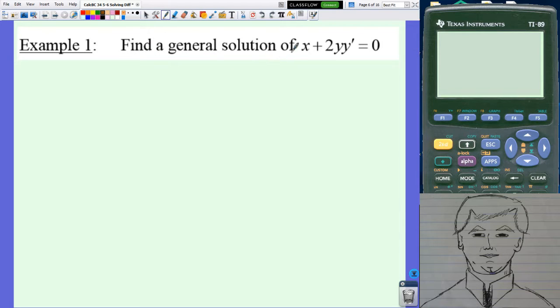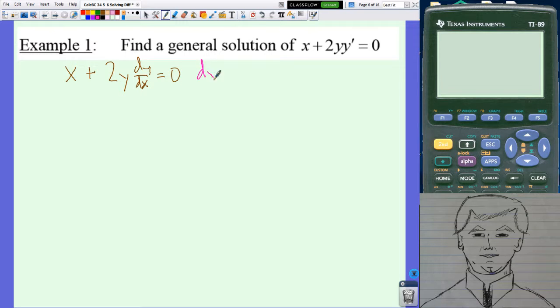Find a general solution of (x + 2y) times y prime equals 0. My first step is to put this as dy's and dx's. So (x + 2y) times dy/dx equals 0. Now, I could just multiply by dx on both sides first. Sure, let's do that.